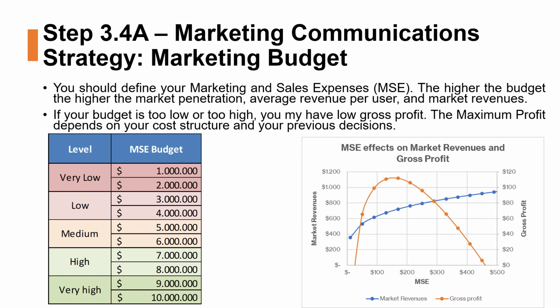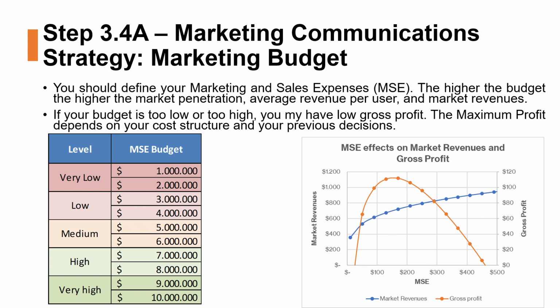In this case, the level of investment directly impacts the sales and market penetration, but you need to take care because the return on investment will follow a diminishing curve. This means that if you are increasing your investments in marketing, there will be a limit where you're probably going to start losing money instead of increasing your profitability.